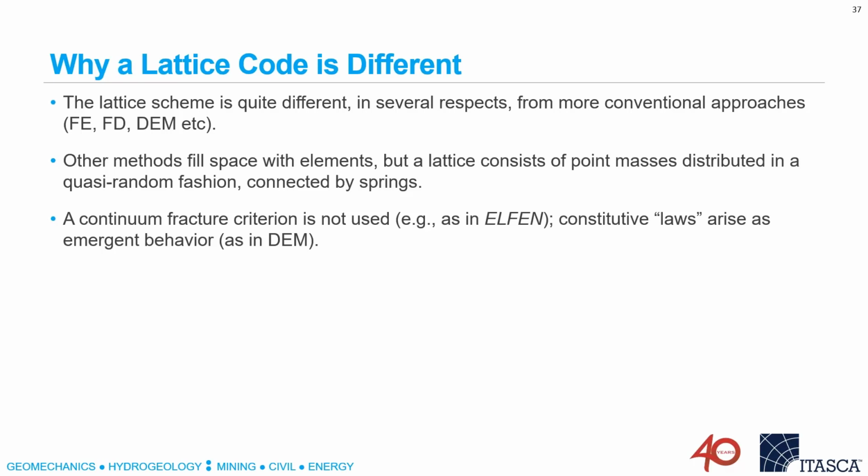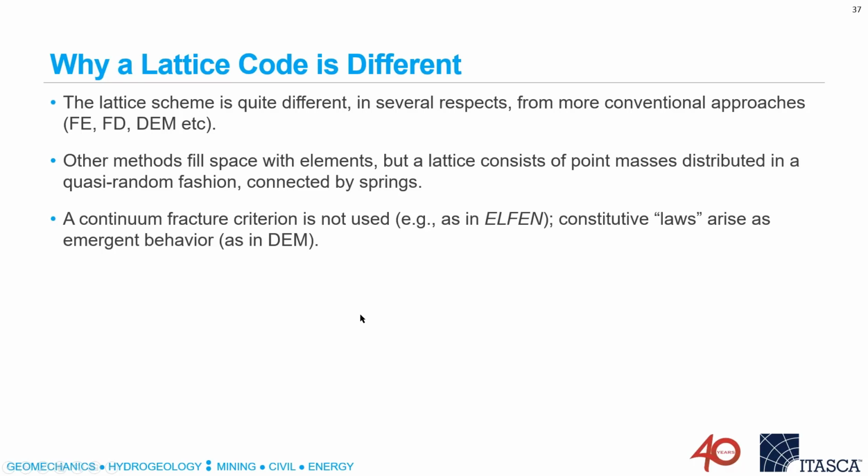So it's quite different in many respects than the conventional approaches because of this lattice formulation, which are, as I said, put in a sort of quasi-random fashion, and they're connected by springs.